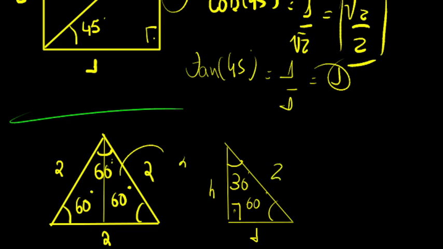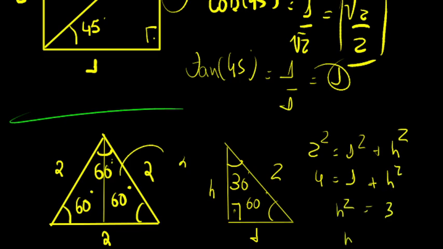So let's discover what's the height of the triangle. We use the Pythagorean theorem again. So 2 squared is equal to 1 squared plus h squared. 4 is equal to 1 plus h squared. h squared is equal to 3, and h is equal to the square root of 3.